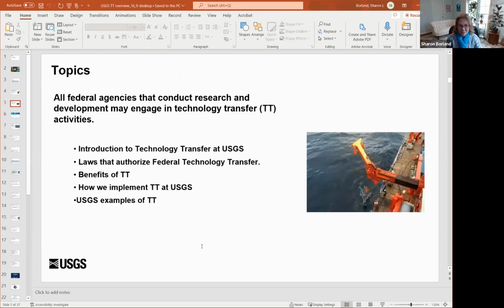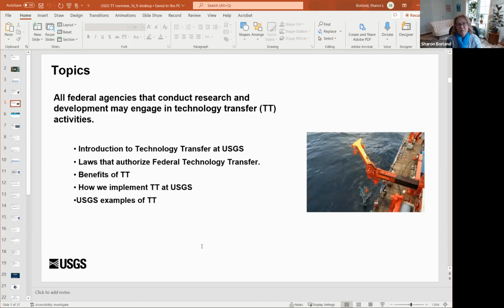So all federal agencies that conduct research and development at a certain level are authorized to engage in federal technology transfer activities. So I'm going to take you through the process step by step. First, I'll introduce USGS and technology transfer at USGS.